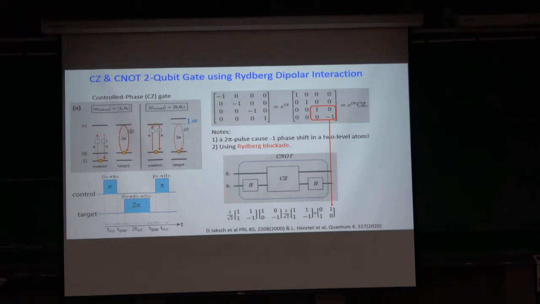You can consider the other case, maybe 1, 0, 1. It should be the same. The most important one is this: if both are in state 0, this pi pulse will cause a phase change of -1. And due to the Rydberg blockade, because this atom is in the excited state, the target pulse causes no change. So it's also -1. So 0, 0 is -1. 1, 0 is also -1.